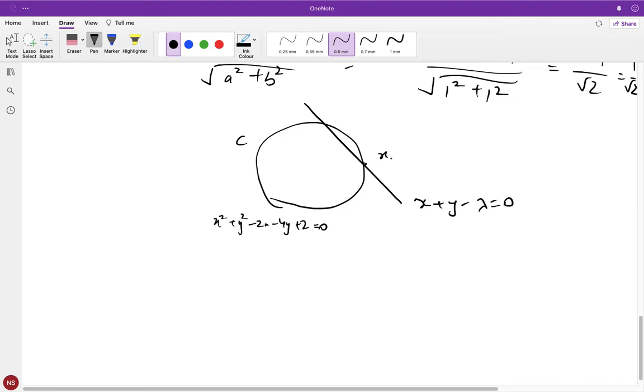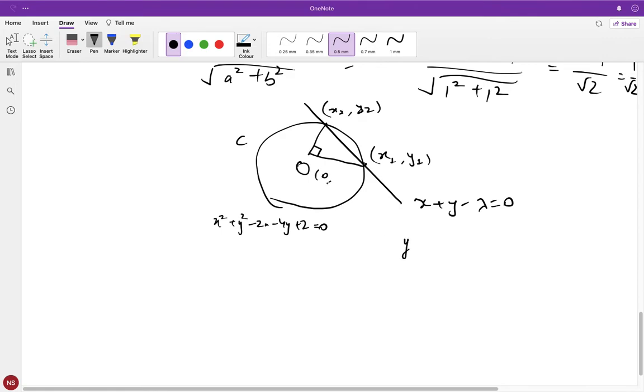Then you have to find the 2 points x1, y1 and x2, y2, which are the points of intersection. How do you find the points of intersection? Put x equals lambda minus y over here, find the values of x1, x2, then find the values of y1, y2, right? And they make an angle of 90 degrees at the origin. Maybe this is the origin, this is angle 90. So the slope of this line multiplied by the slope of this line is −1.